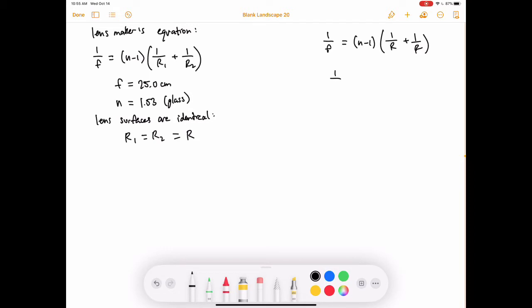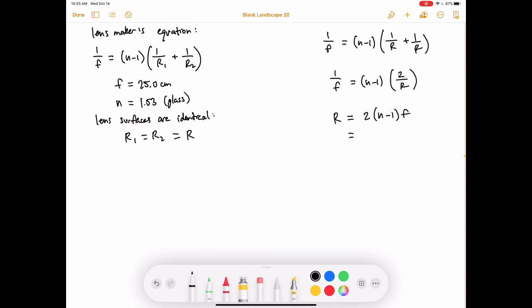So that gives us 1 over f is equal to n minus 1 times, combining these, 2 over R. And our job is to figure out R. So if we solve for that, R equals 2 times n minus 1 times f.